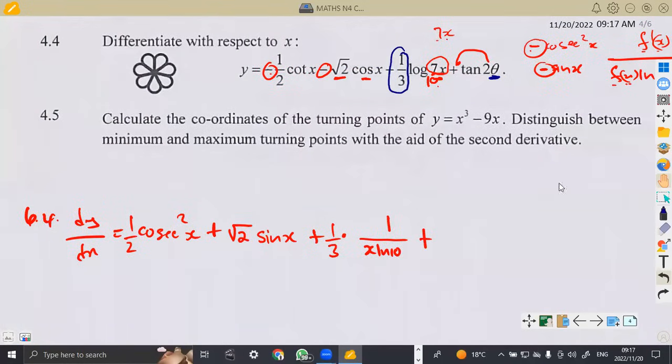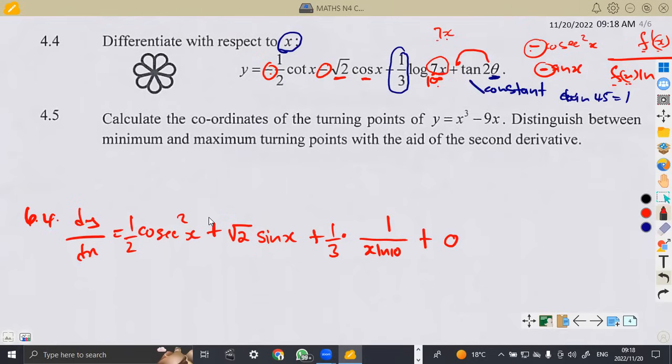Because this is with respect to x, and here we do not have x, it means this is a constant, just like a normal number, like tan 90 or tan 45. Whenever you differentiate a constant, we get 0. So that was going to be a 0 there. Take note, there's no x there.